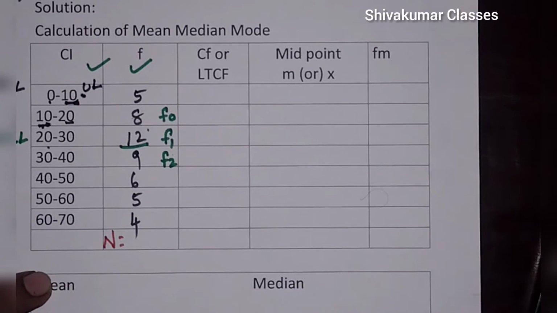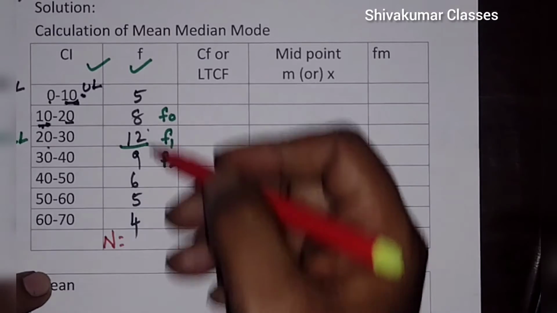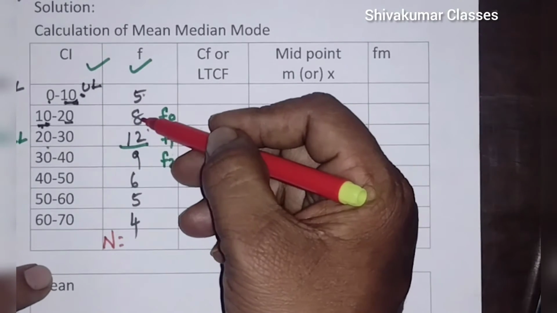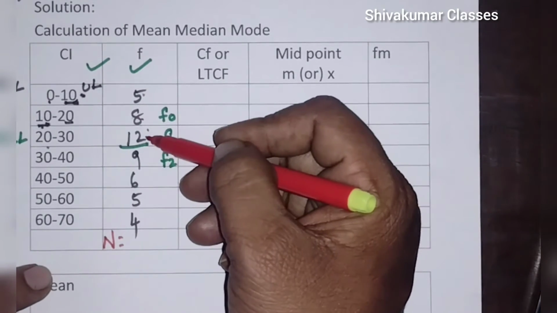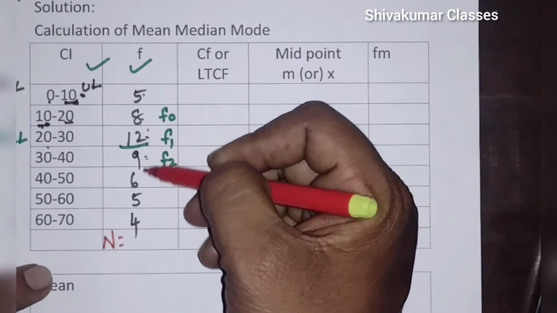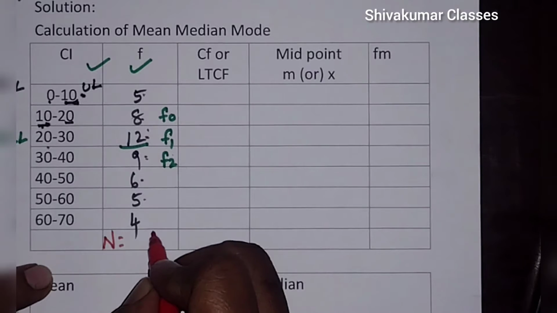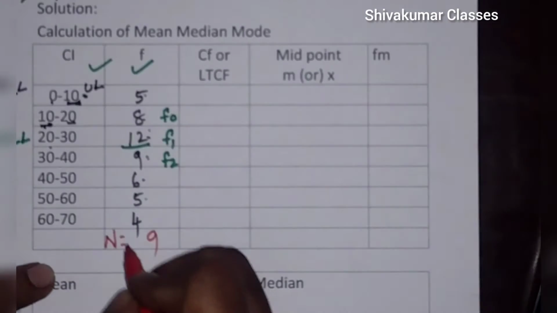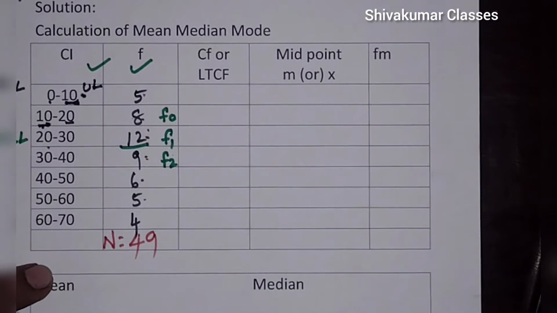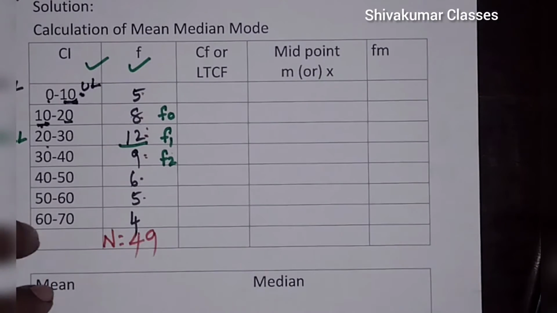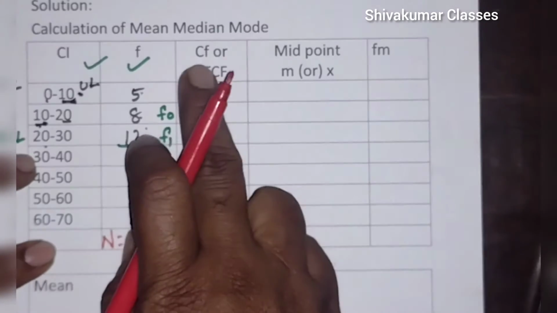Now let me step into calculation of median. Total of 5 plus 8 is 13, 13 plus 2 is 15, 15 plus 9 is 24, 24 plus 6 is 30, 35, 39, remaining 3, 4. Your n is 49. Now you see that the same 49 will come for CF.